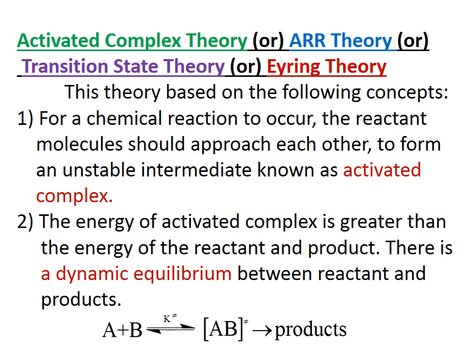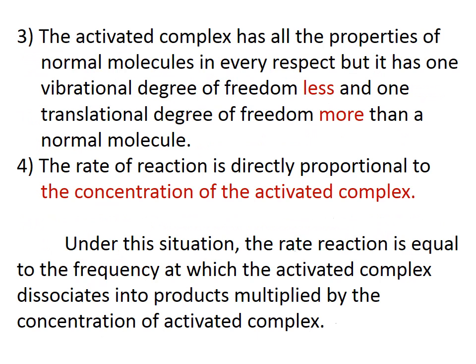A plus B, reversible arrow, K double dagger is the equilibrium constant, gives AB double dagger, which gives the product. Here you may find there is an equilibrium between the activated complex and the reactants, and K double dagger is the equilibrium constant for this equilibrium.